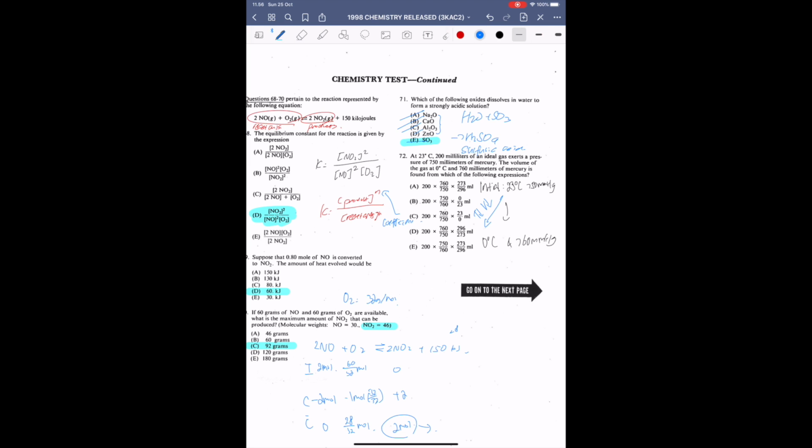Now what happens if there's an increase in pressure? If pressure increases, the volume decreases, because Boyle's law says P1 V1 equals P2 V2, or that P is inversely proportional to volume.